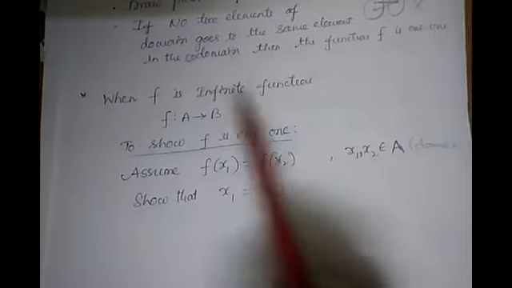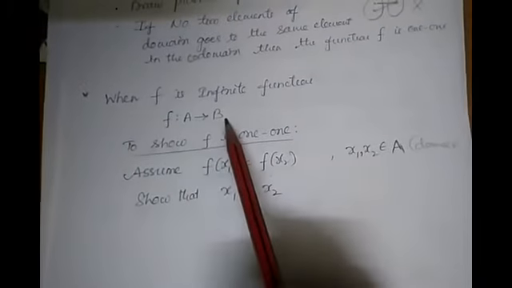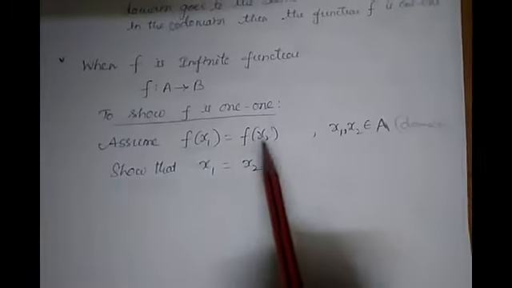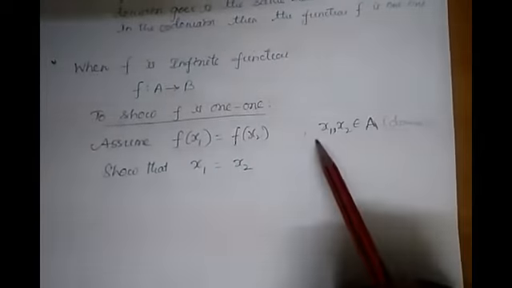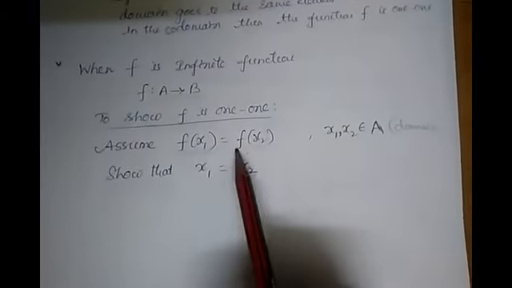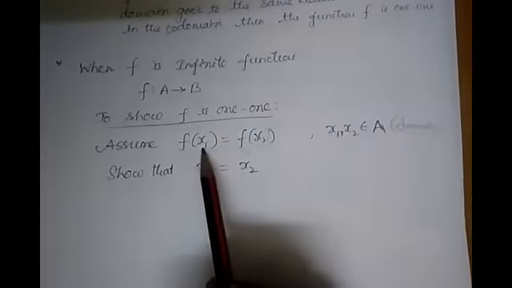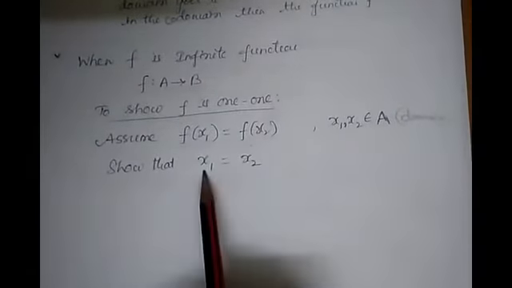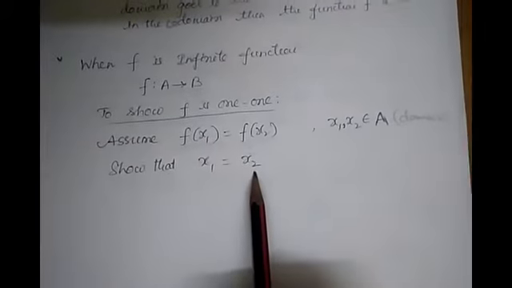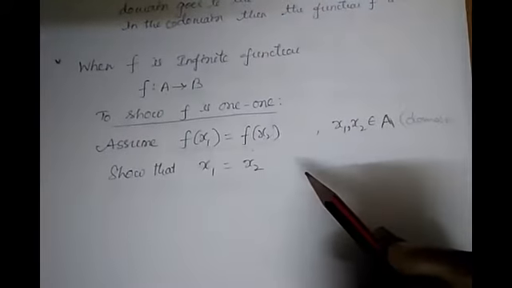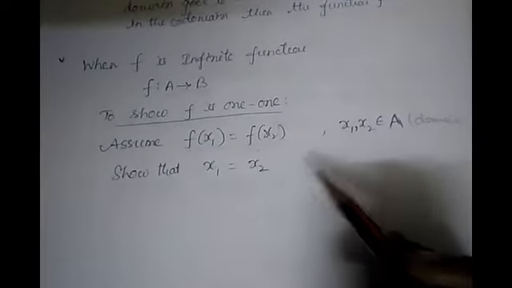When f is an infinite function, f from A to B is a function. To show f is one-one, let us simply assume f of x1 is equal to f of x2. That means the images of the two elements are equal. Then you have to show that the elements are equal, x1 is equal to x2. If this is possible, then we can say that f is a one-one function.